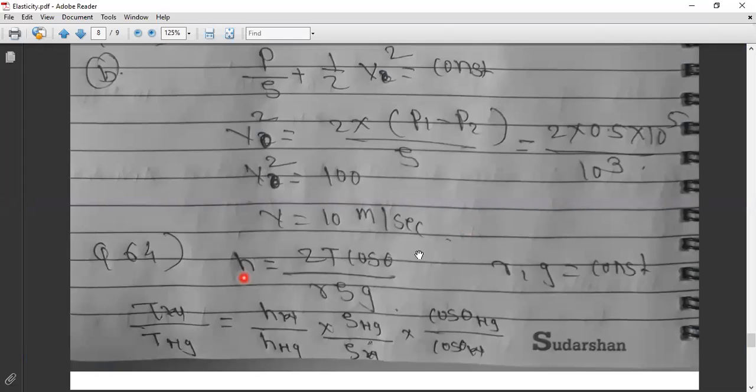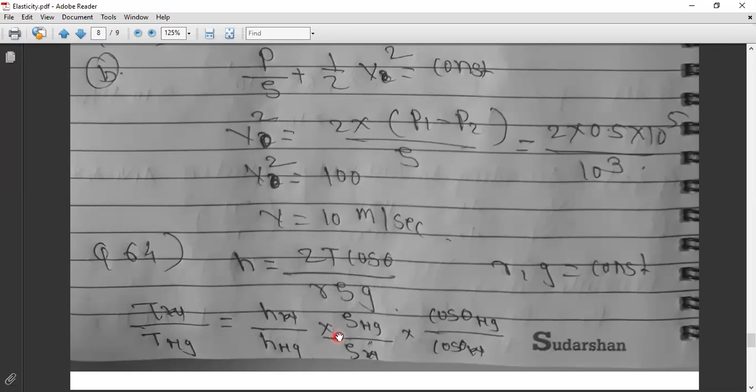So write down this equation of height. According to capillary action, surface tension is directly proportional to the height, as well as directly proportional to the density. So write down this ratio of height as well as the density and the angle of contact. Put the value of the ratio of height, 10 and 3.5.